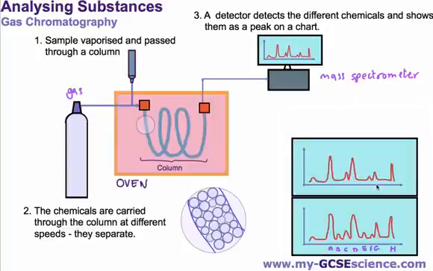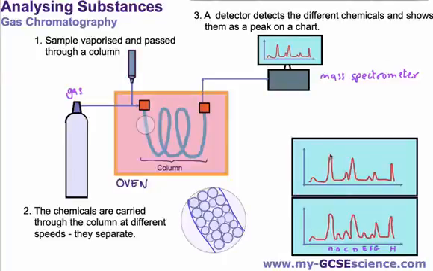If we have a look down here, here's my readout from this little experiment, and here are my known substances, so I can compare the readout from my sample to known substances and see what I have.